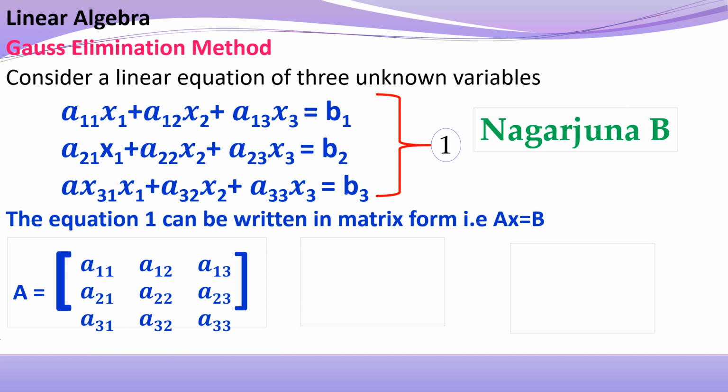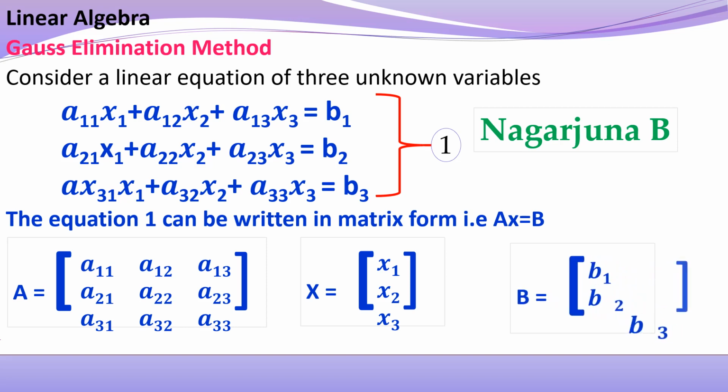Next equation is a21x1 plus a22x2 plus a23x3 equal to b2. Third equation is a31x1 plus a32x2 plus a33x3 equal to b3. Consider this system of equations, that is the system of linear equations.